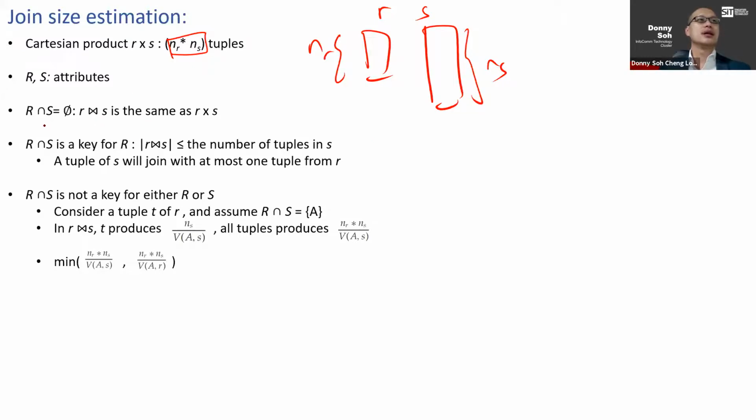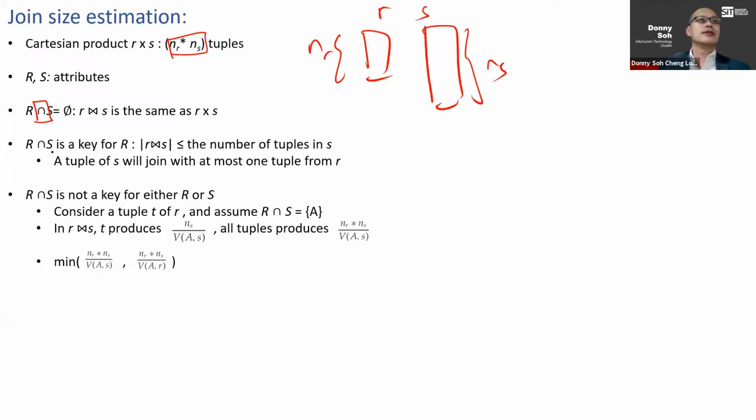If the attributes of R and S got no overlap, the join of R and S is going to be the same as the Cartesian product of R and S, if there are no common attributes there.